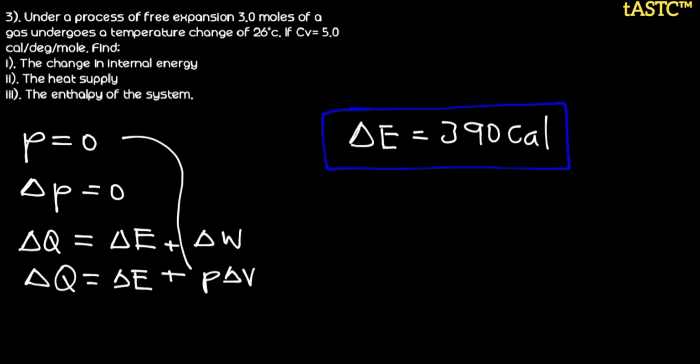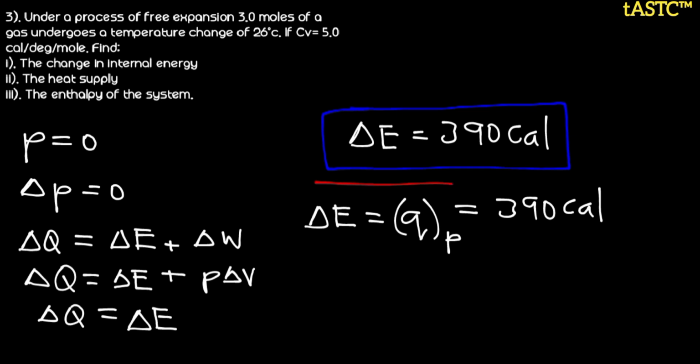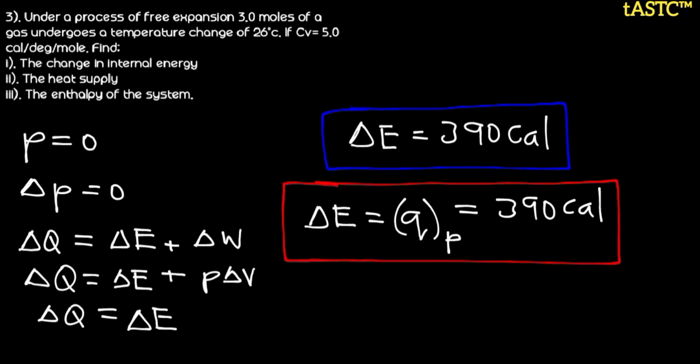In this case, P is equal to 0 for free expansion. So that is going to make this term become 0. And therefore, dQ will be exactly equal to dE. So under free expansion, dE will completely be equal to the heat content. Remember, that is at constant pressure. So that is the same thing as 390 calories. So that is the answer for this one.